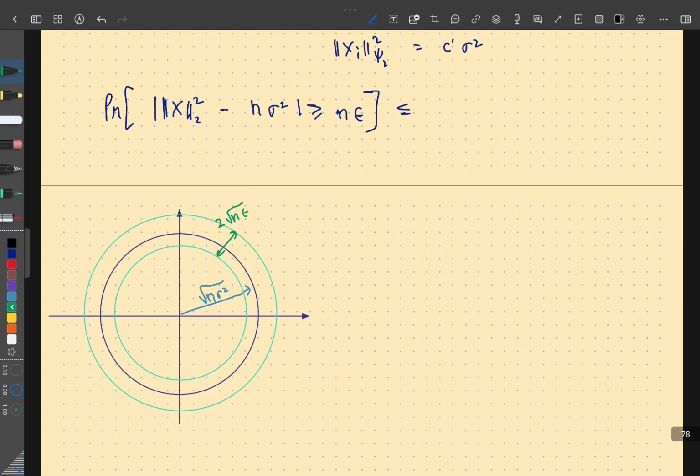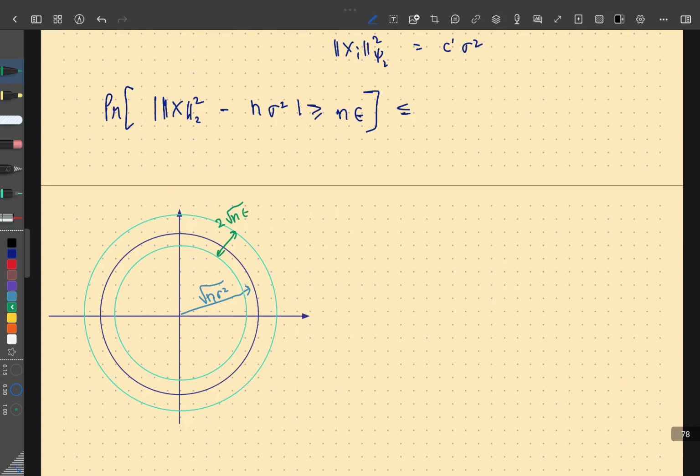Epsilon is something very, very small. So the left hand side asks, if I take an IID Gaussian random vector, what is the probability that it lies in this very thin shell? I can make epsilon arbitrarily small, arbitrarily close to 0.